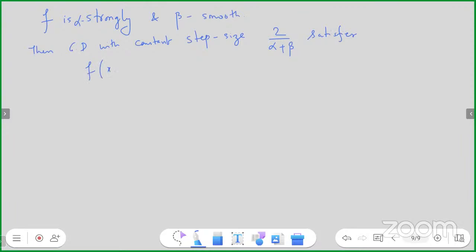F of xt plus 1 minus f of x star is less than or equal to beta over 2 exponential. This is where the interesting part is.